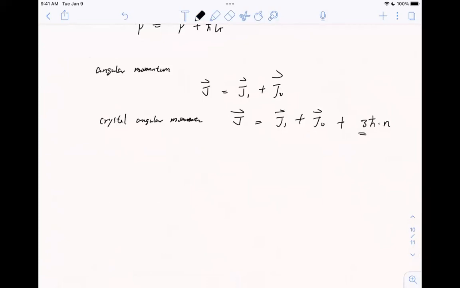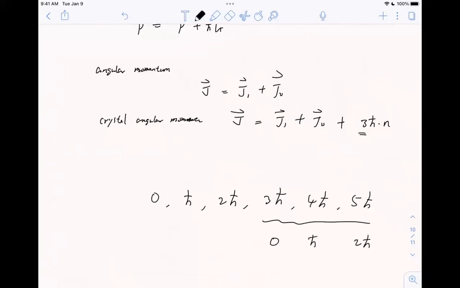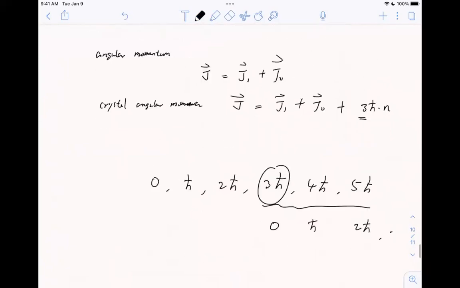Like you have 0, h bar, 2h bar, 3h bar, 4h bar, 5h bar. But because it's threefold rotational symmetry, if you rotate 3 times, you go back to the same. So this will become 0, h bar, 2h bar again. So 0 and 3h bar correspond to the same state.